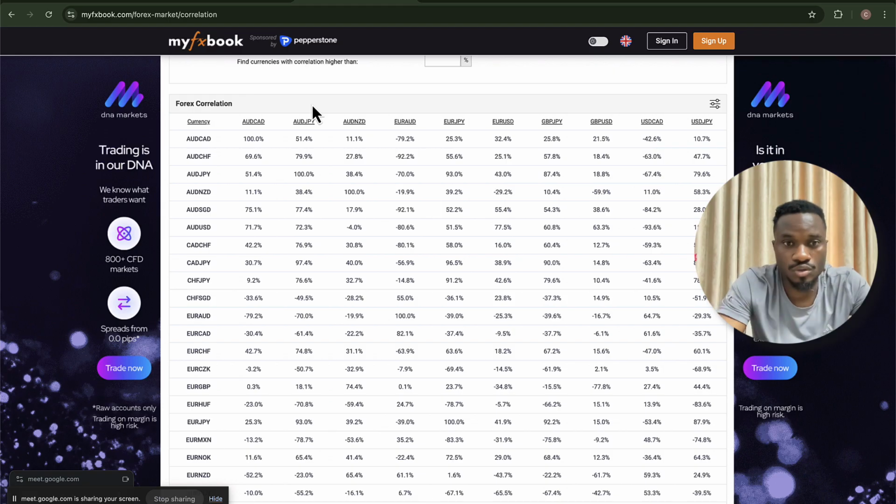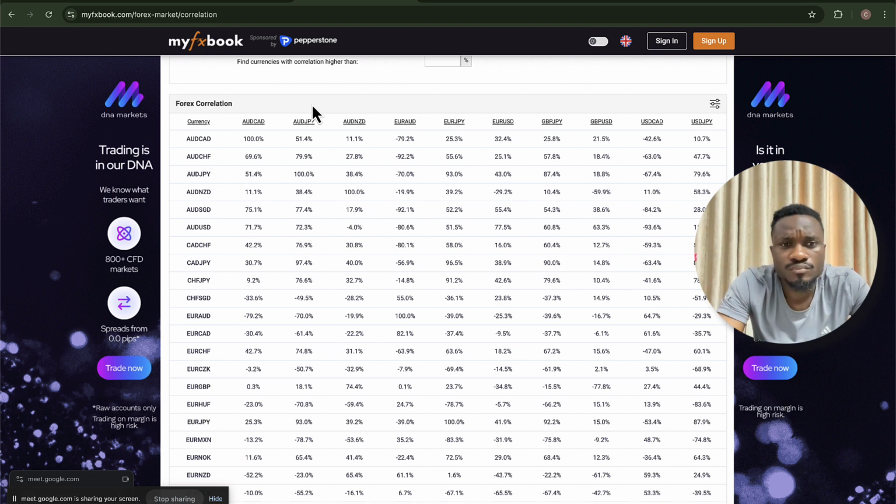Now, let's look at this table. Whenever we see currency pairs with 75% and above, that means they are similar. 75% in academic grading means A. If you have 75%, you fall into the category of an A student.